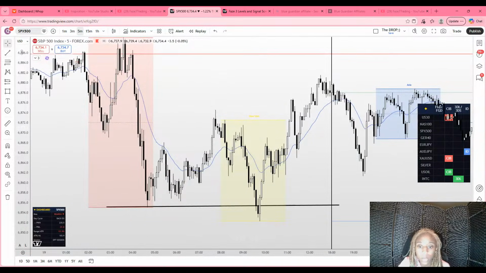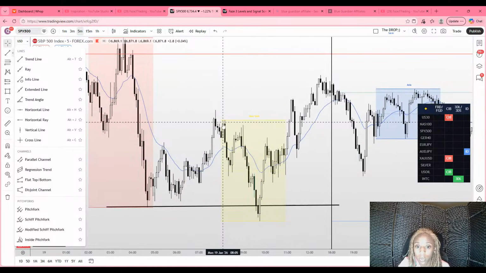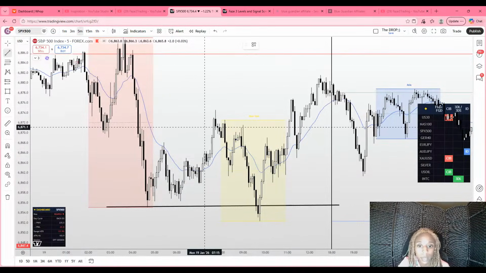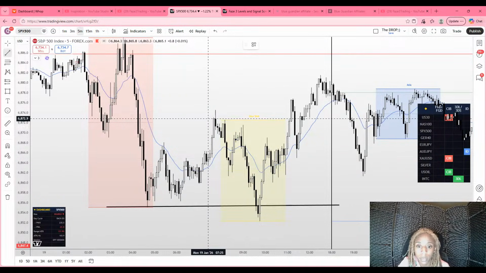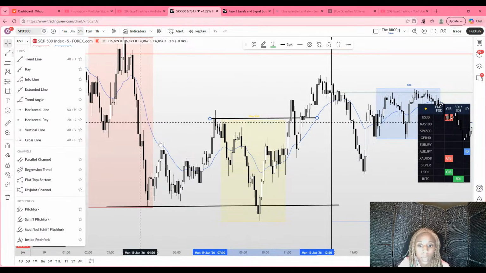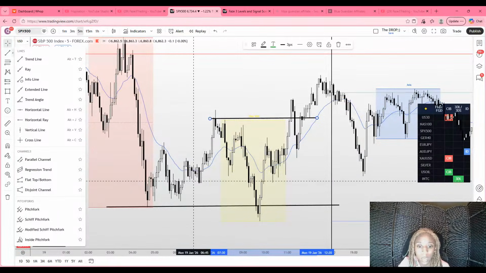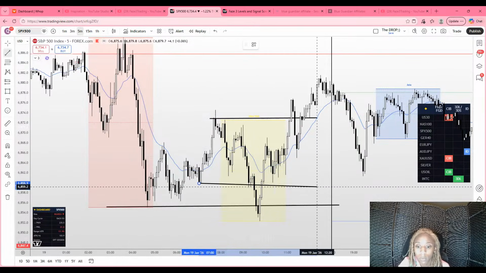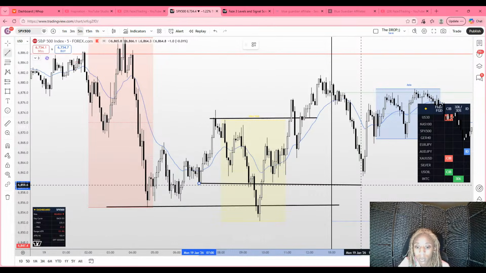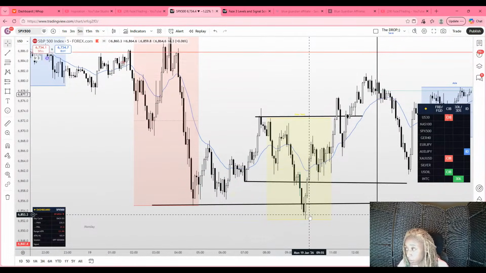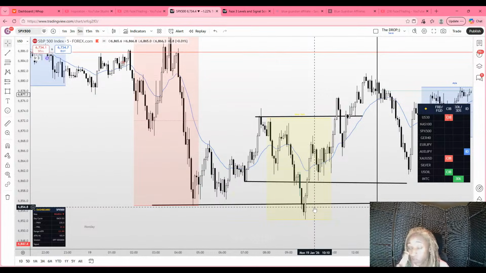And all I'm doing is marking my most recent high here. Actually, it's here. And my most recent low. This high was formed by this swing low. Are we working the high or are we working the low? That's the first question that you need to ask yourself.